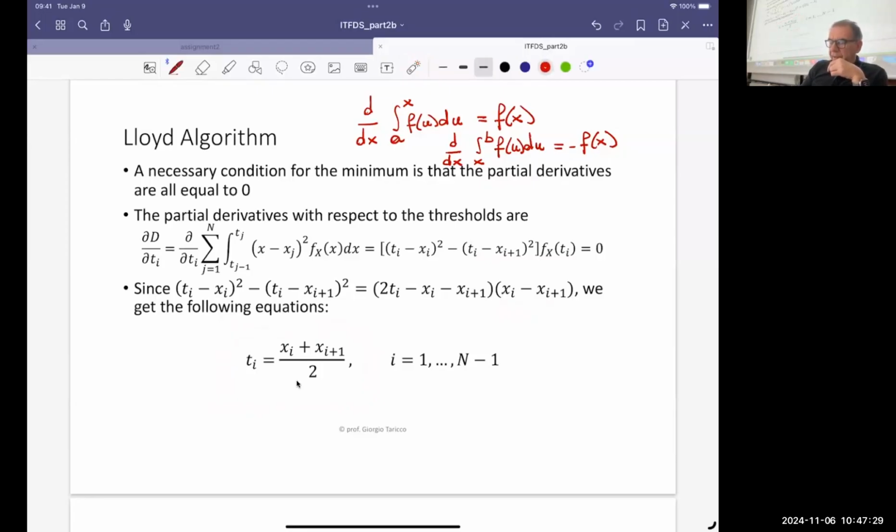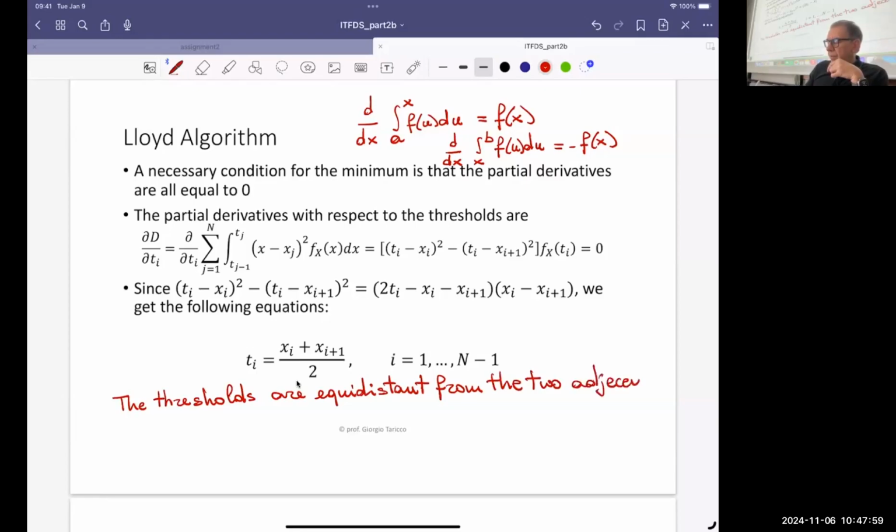Therefore, the thresholds are equidistant from the two adjacent quantization points.